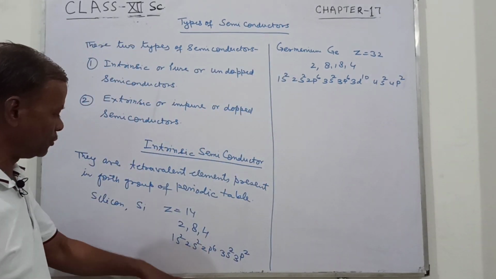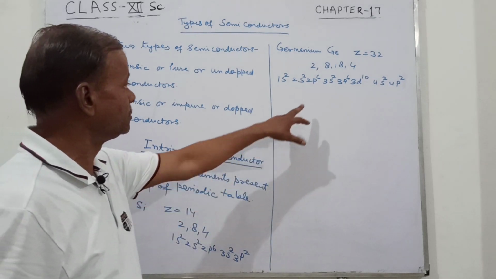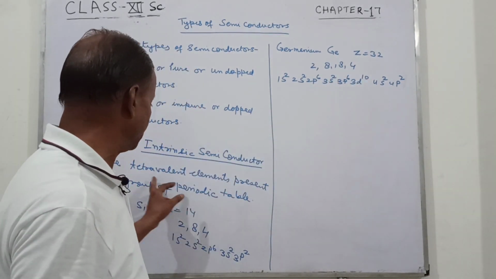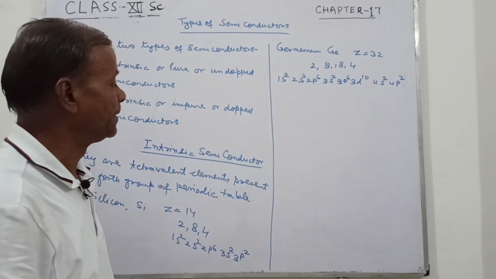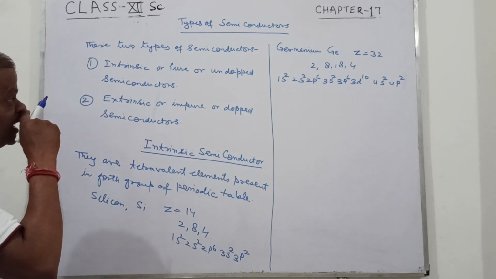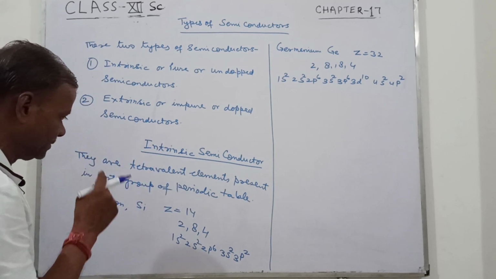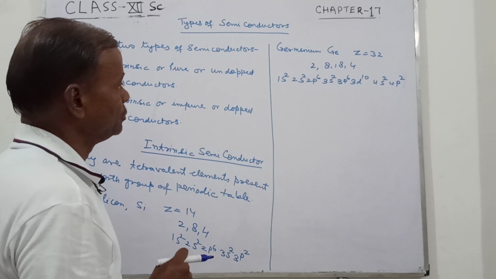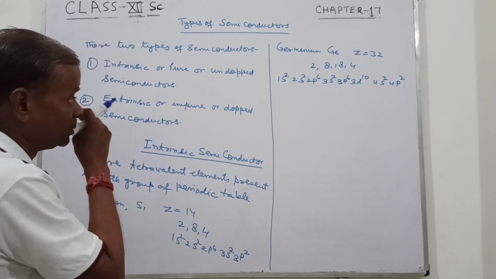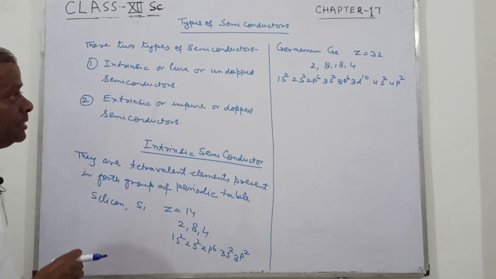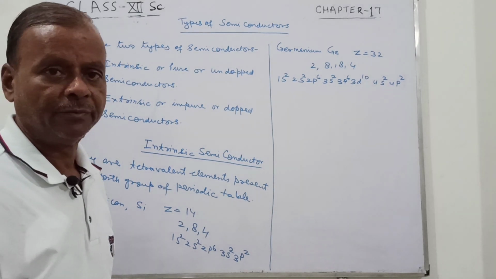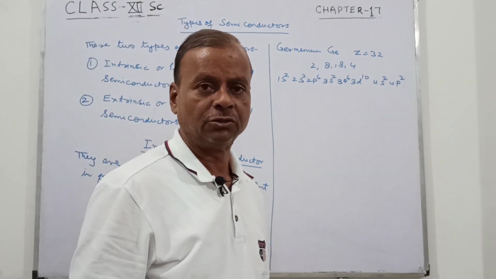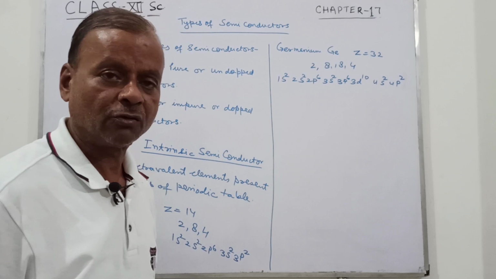So in the last orbit we have 4 electrons. This is why they are tetravalent elements, and moreover the energy gap here is also small. So all these 4 electrons in the outermost orbit make covalent bonds. So they have a tetragonal structure.